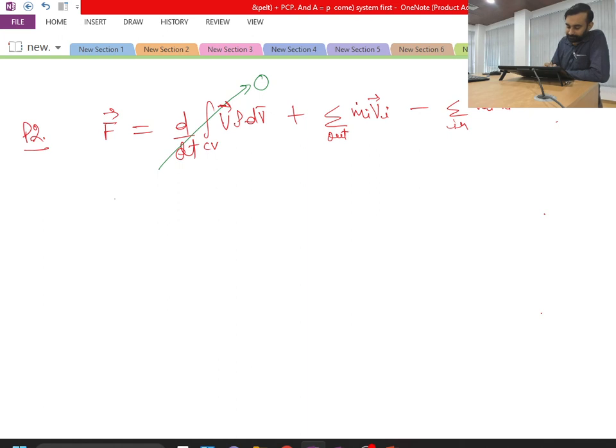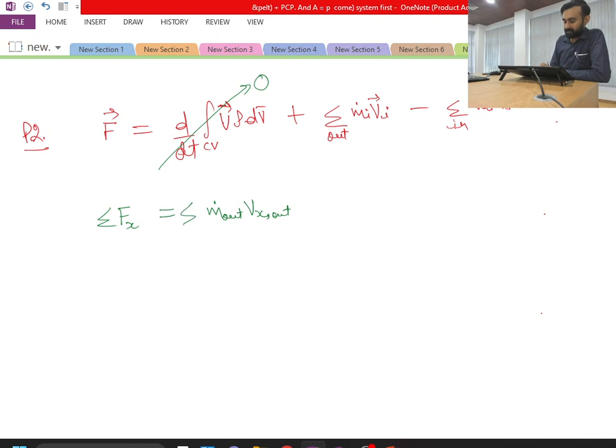Now, if I consider the total force in x direction, the total force in x direction will be equal to the mass flow rate out in x direction into the velocity in x direction, Vx out.